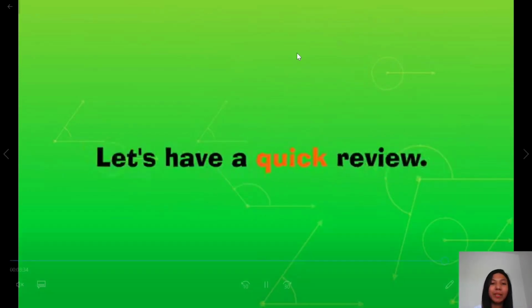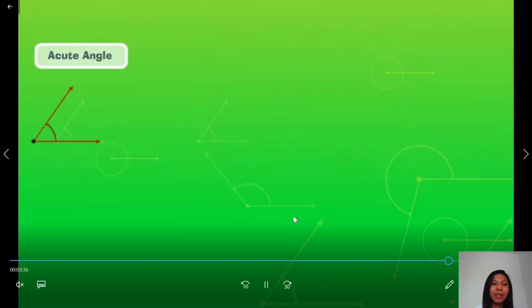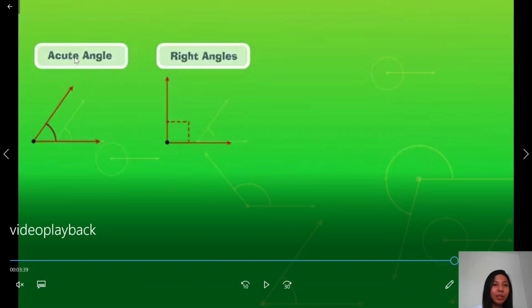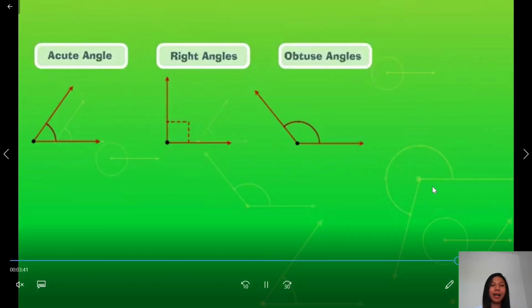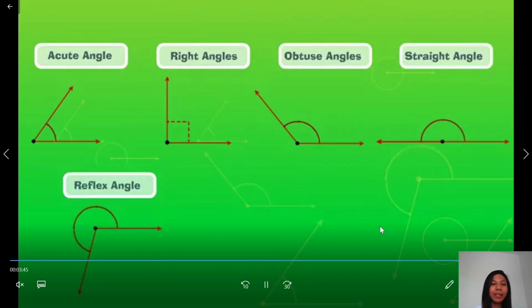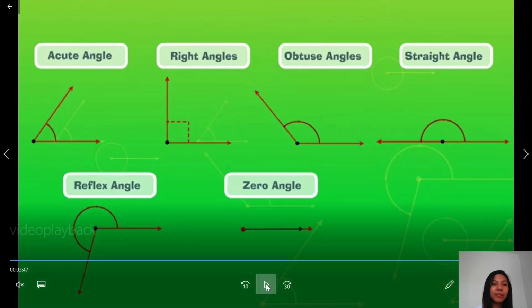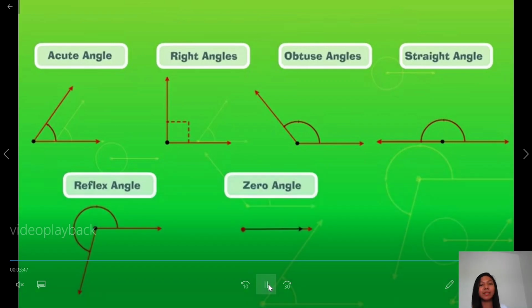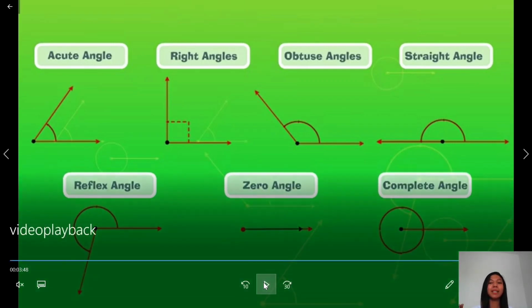It rotates completely. Okay, so let's have a quick review. So this is an example of the acute angle. Next, we have right angle, obtuse angle, straight angle. Again, acute angle, right angle, obtuse angle, straight angle, reflex angle, and zero angle.